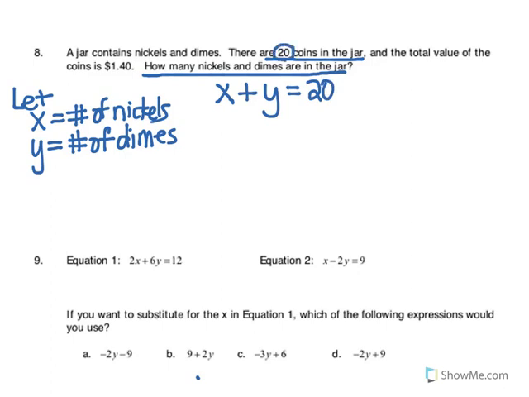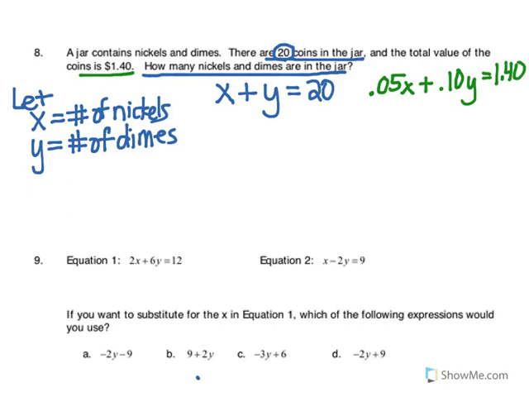And then the value of our coins is going to be $1.40. So the value of a nickel would be 0.05x plus 0.10y equals $1.40.